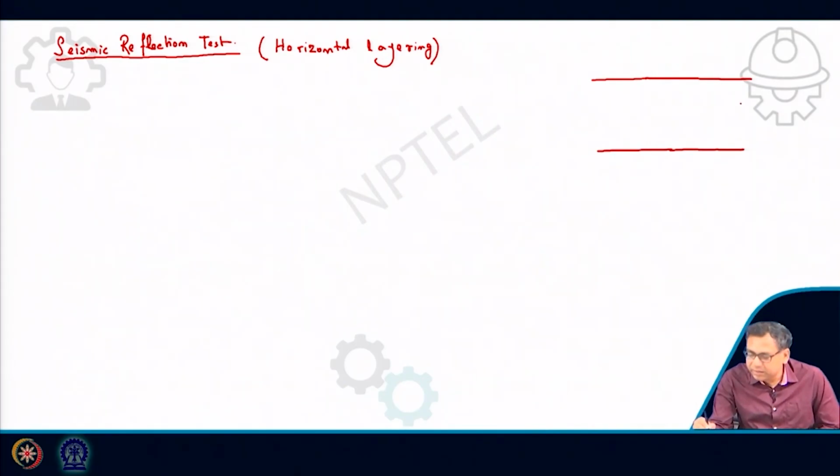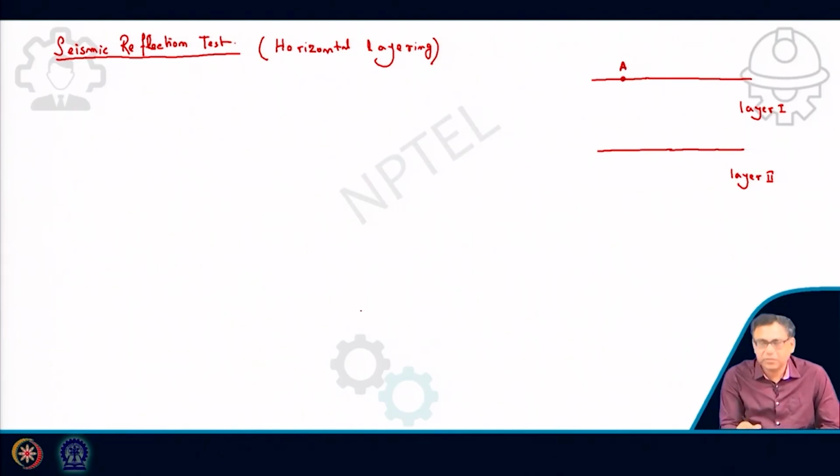So, this is my layer 1 and this is layer 2. Okay. So, this is the source. Say A is the source where I have generated the wave, and I have discussed how to generate the different types of wave. And then this is the position of my geophone or receiver.